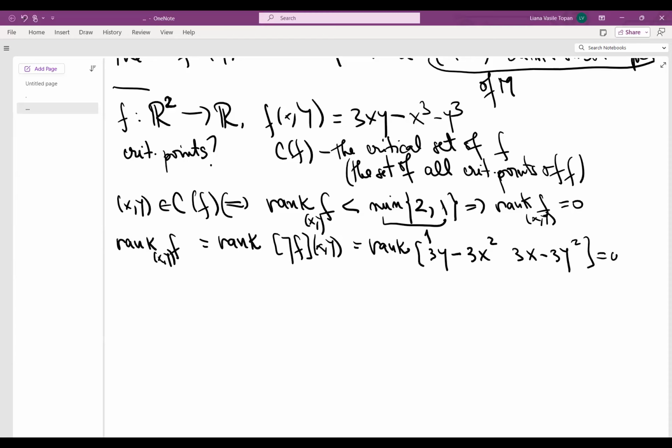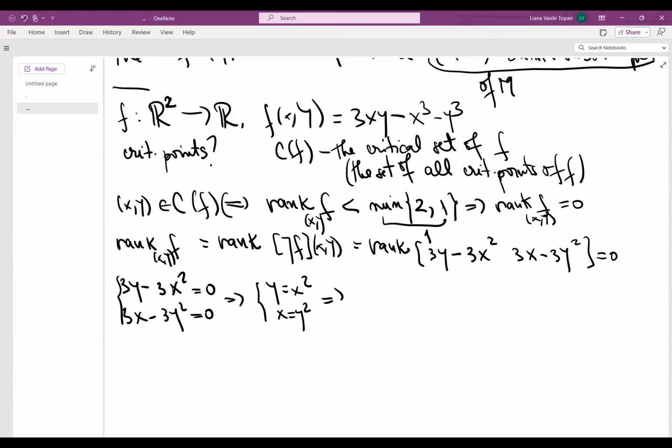So this rank must be 0. When the rank of this matrix is 0, both entries of the matrix are 0, which means 3y minus 3x squared equals 0, and 3x minus 3y squared equals 0. So this means y equals x squared, and x equals y squared.